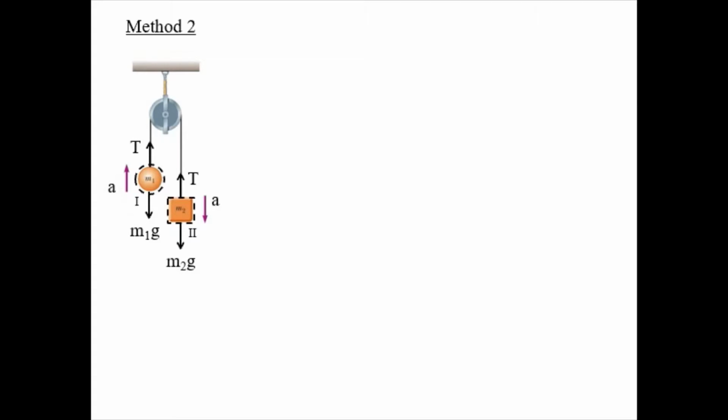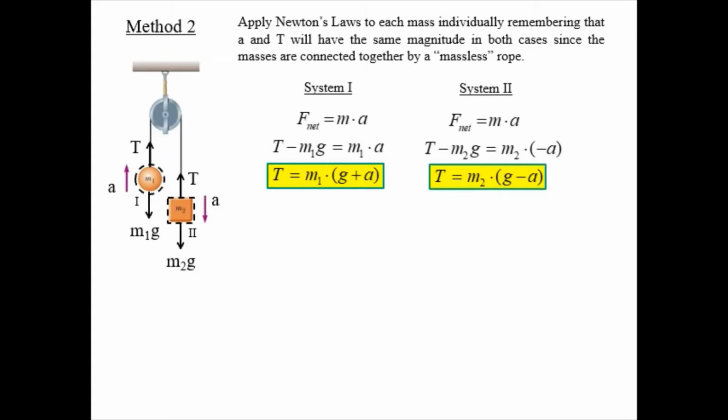So if I look at system 1 with M1, I see I've got a T upward and an M1G downward. So my net force for system 1 is T upward minus M1G. The mass of my system is just what's inside my dotted line, which is M1, right?